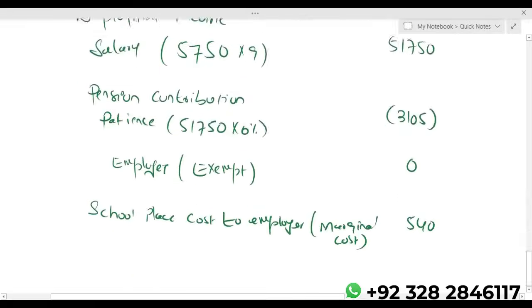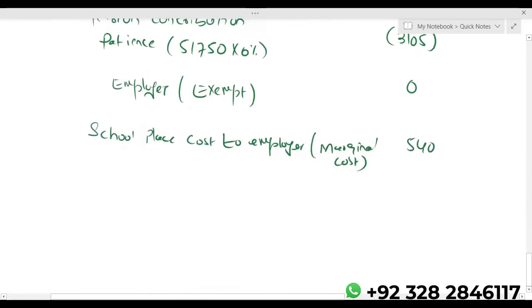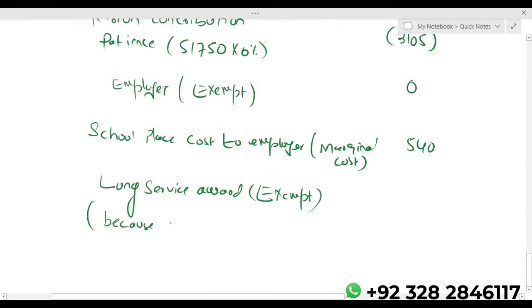Long service award: exempt, because per tax year the value is less than £50. Per tax year, the value is less than £50. That's why it is exempt.